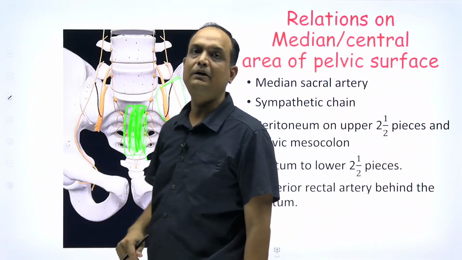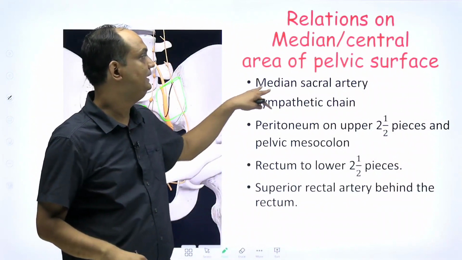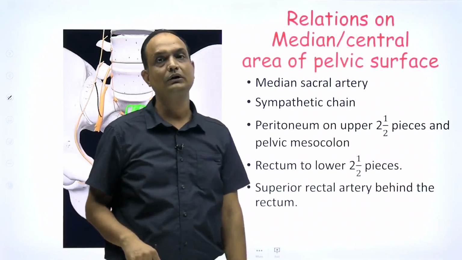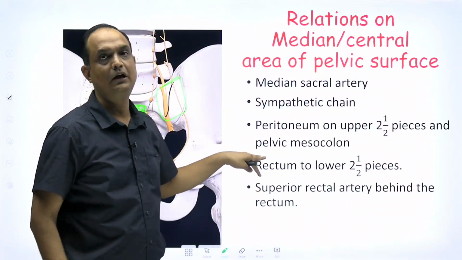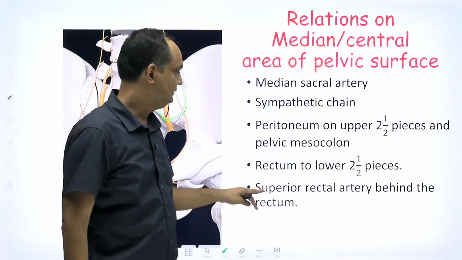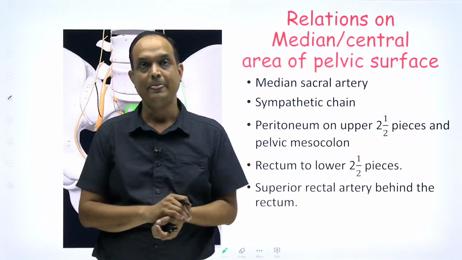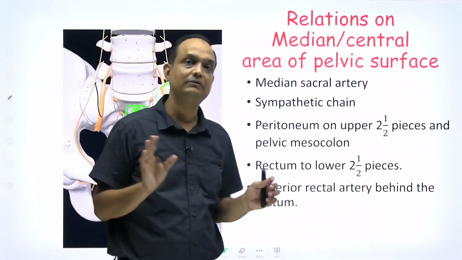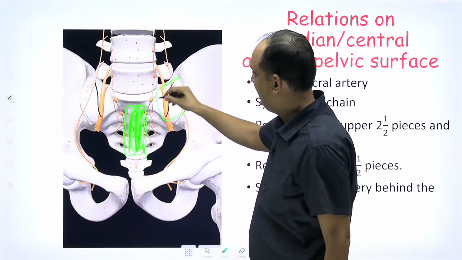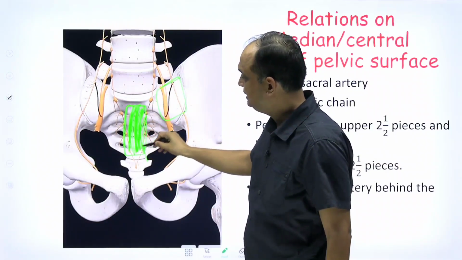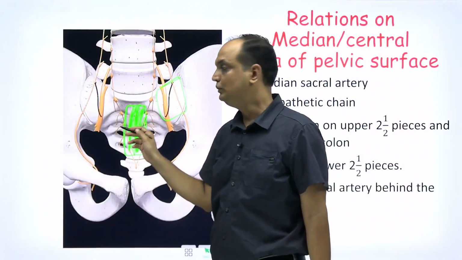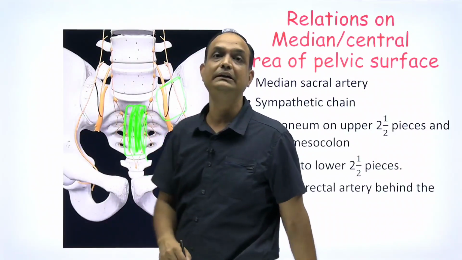On the central part of the sacrum, you have the median sacral artery, the sympathetic chain, peritoneum on the upper 2.5 pieces along with the mesocolon, rectum on the lower 2.5 pieces, and the superior rectal artery behind the rectum. So my dear students, you have the question on the relations at two places. One is relations on the ala, second is relations in the central part of the pelvic surface of the sacrum. So in the central part, you have these relations.